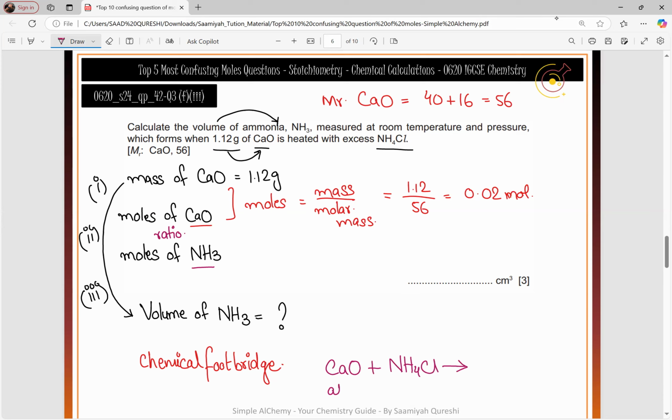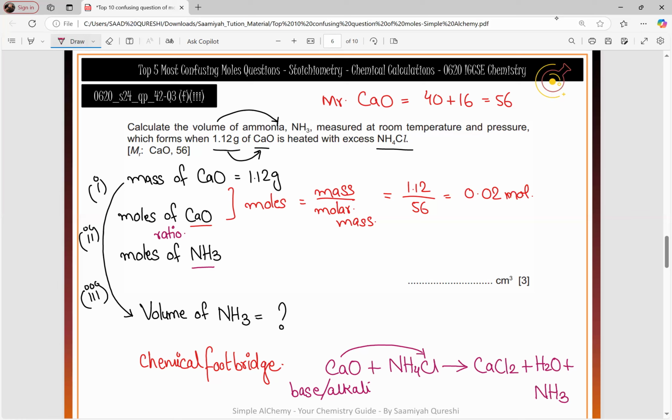This is an alkali, a base. When it reacts with the ammonium salt, which is NH4Cl, it will form calcium chloride plus water plus ammonia gas. So that's the equation.